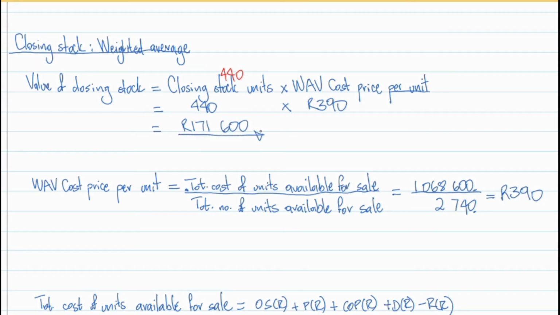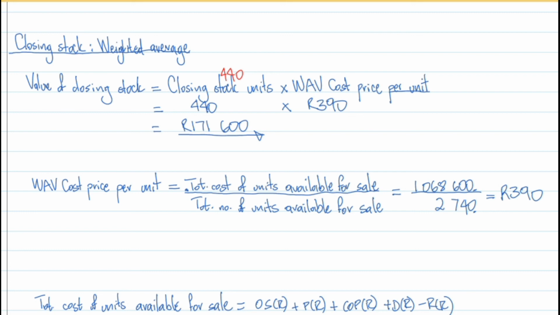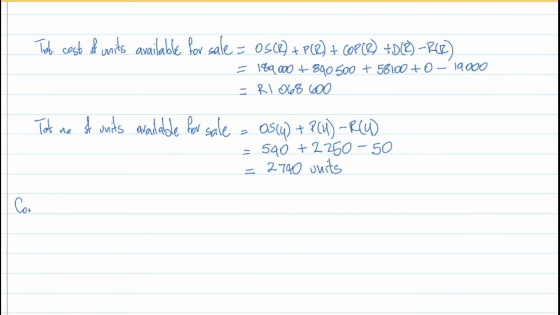In the second part of question 2.2.2, we are required to determine what will be the effect on the gross profit if the owner changes the valuation method. We are also required to provide figures. For us to determine the effect on gross profit if the owner changes the valuation method, we have to compare the gross profit under the FIFO method versus the gross profit under the weighted average method.